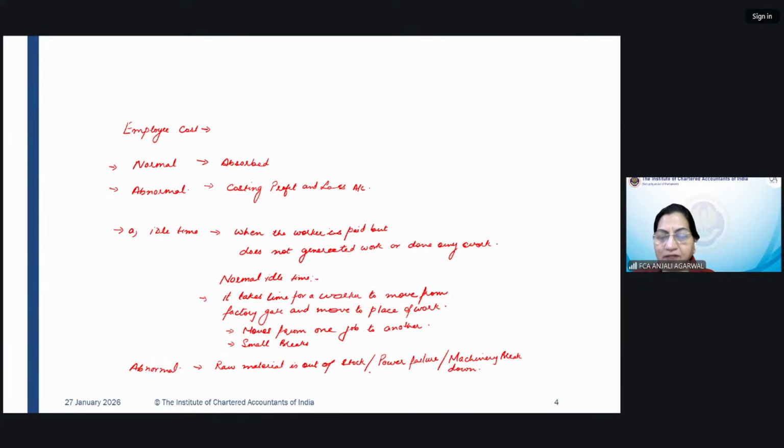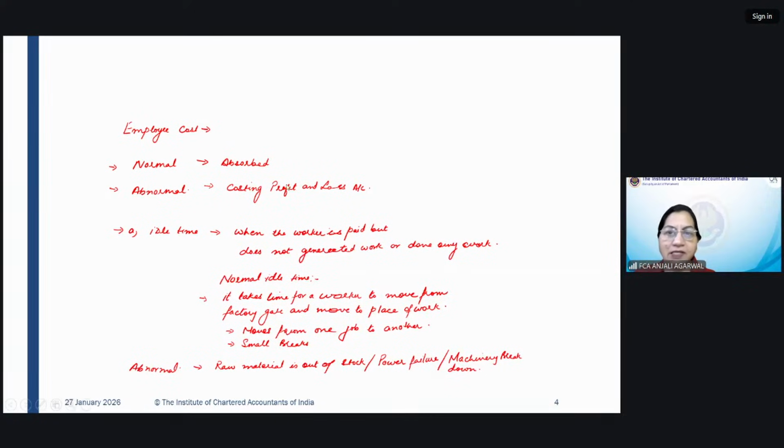We can ensure that the raw material remains in stock. Power failure is controllable in the sense that you provide appropriate power backup. Machinery breakdown, if it happens all of a sudden despite your complete maintenance, is uncontrollable.